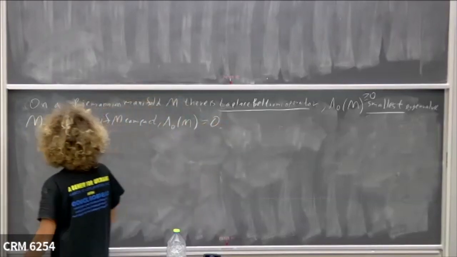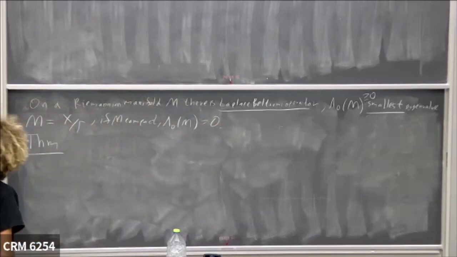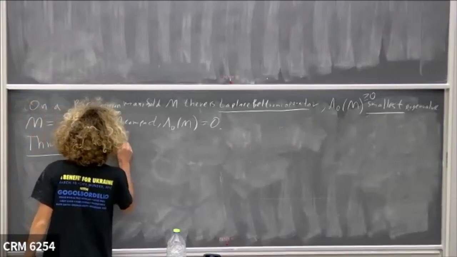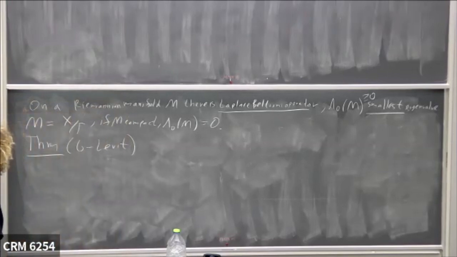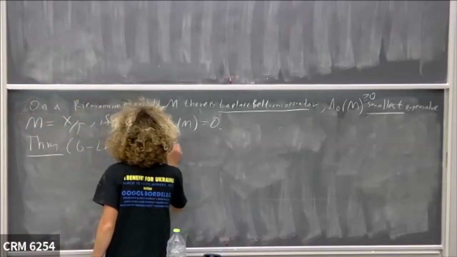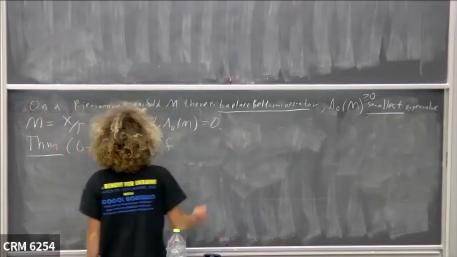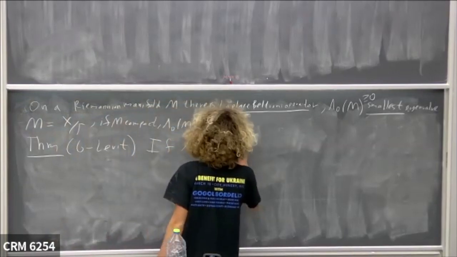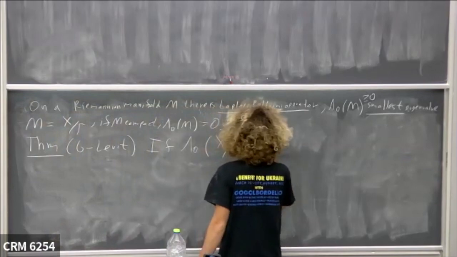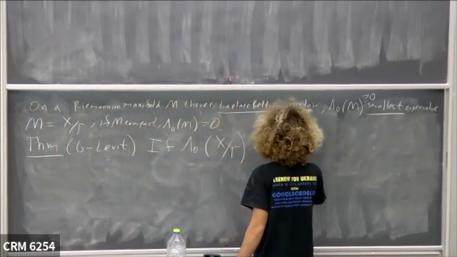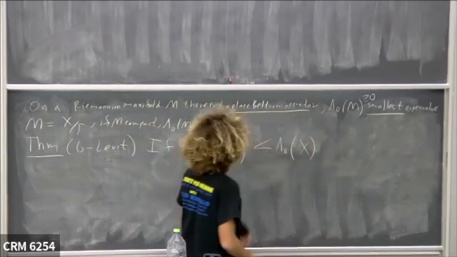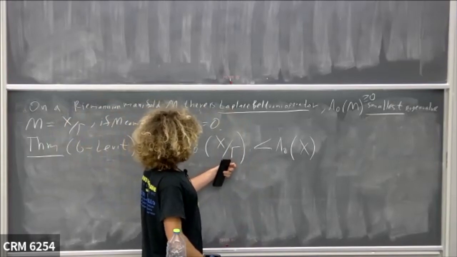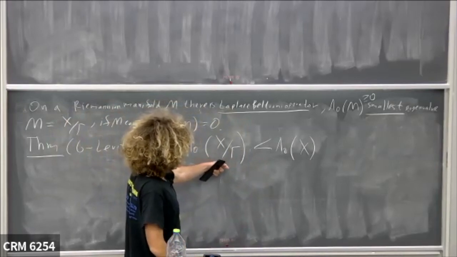Okay, so I'll present the first theorem, by myself and Arie Levit. If the bottom of the spectrum of X mod gamma is strictly less than the bottom of the spectrum of X, this means this group is maybe not so big as to make this quotient compact, but it's pretty big.